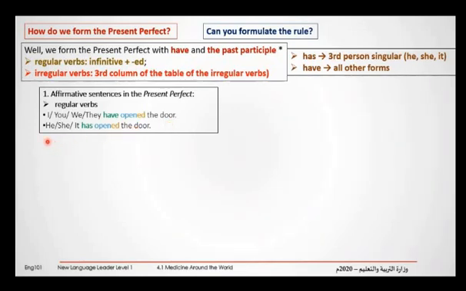Or if you're talking about the third person singular, he, she, or it has opened the door. Since open is a regular verb, the past participle of it ends with ed.